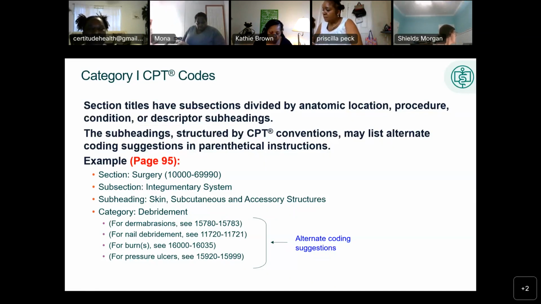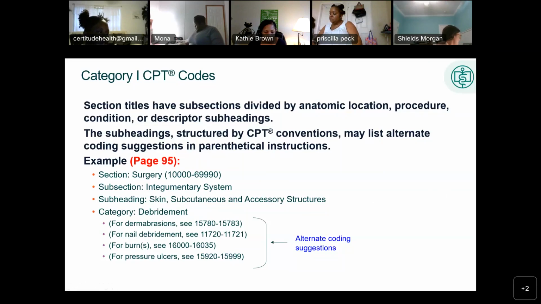So you don't necessarily have to remember like, oh, this is the section, this is the subsection. Just understand what you're looking at. Know that you're in the surgery section, that we're looking at the integumentary system, and that the codes listed below this subheading of skin, subcutaneous, and accessory structures are going to be in relation to this particular organ system of the integumentary.